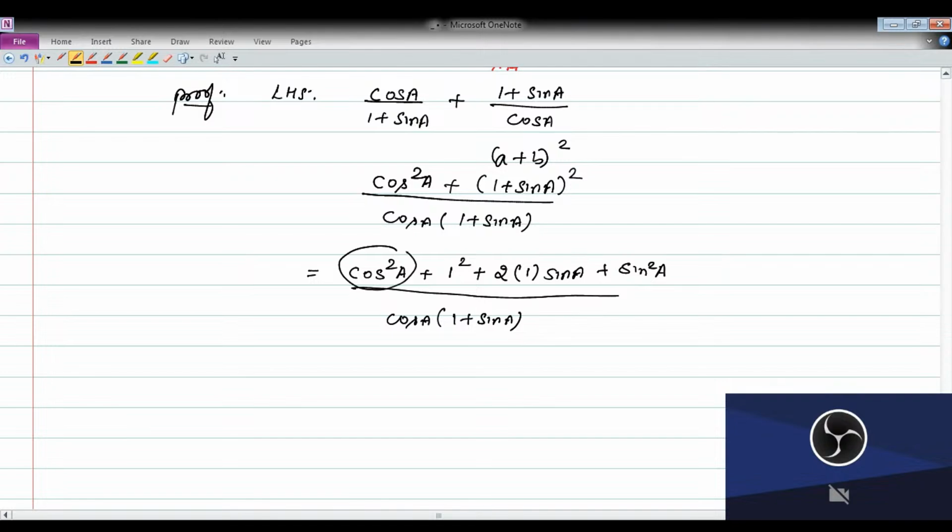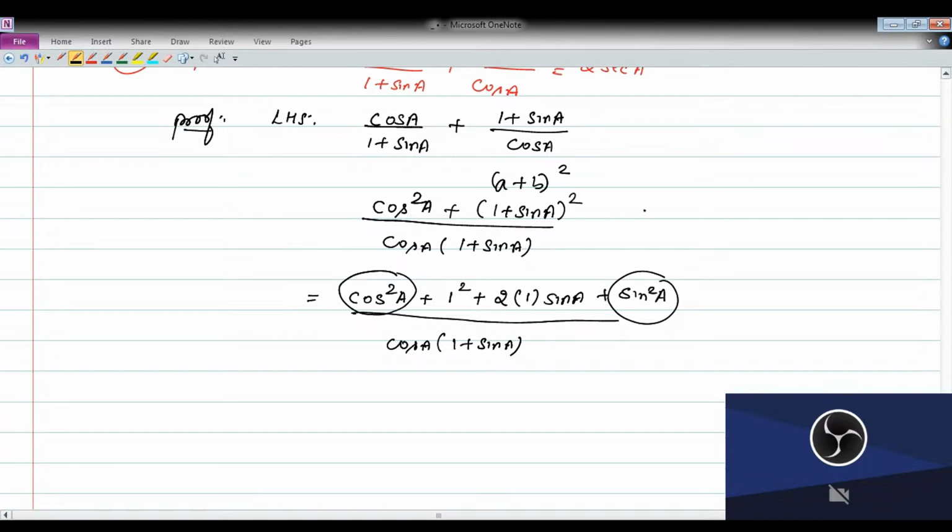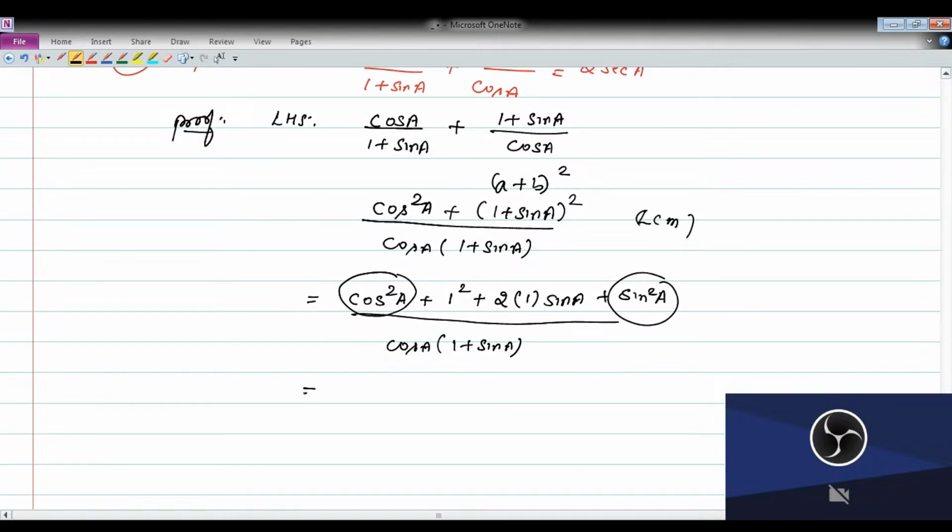So as we group this cos square a and sin square a, we will get 1 by using the identity. First I took the LCM here and then I used the identity a plus b whole square. Now I am clubbing the terms cos square a plus sin square a, as we have an identity for these two. So 1 square is 1, plus 2 into 1 into sin a, that is 2 sin a, divided by cos a into 1 plus sin a.